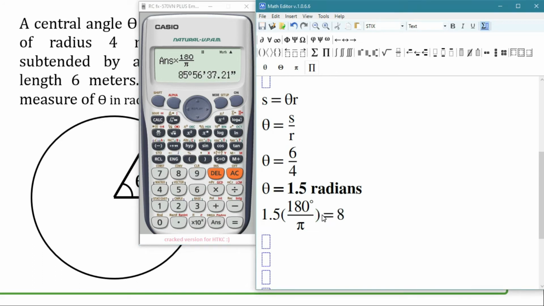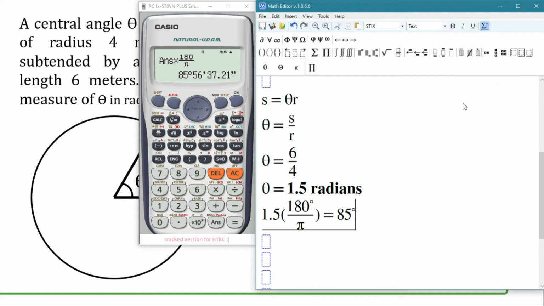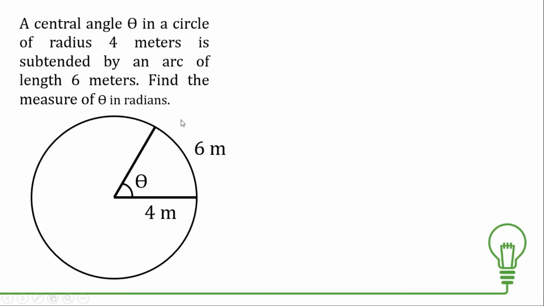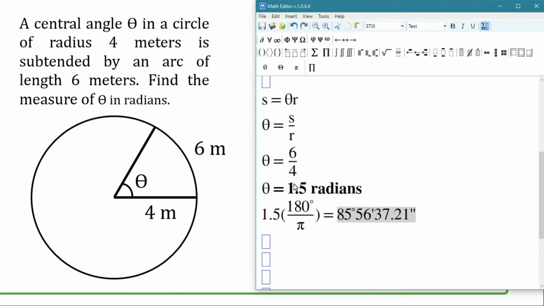That would be 85 degrees, 56 minutes, and 37.21 seconds. So that's how you convert it, just like what we have learned from our previous discussion. Yet, since the problem requires us to express our answer in radians, the angle measure would be 1.5 radians.